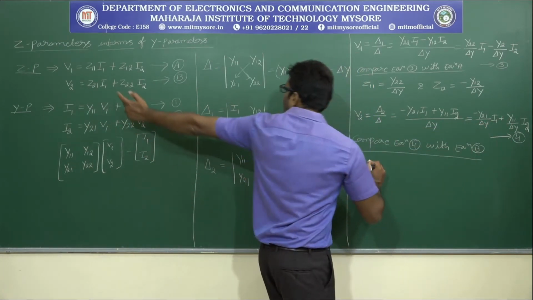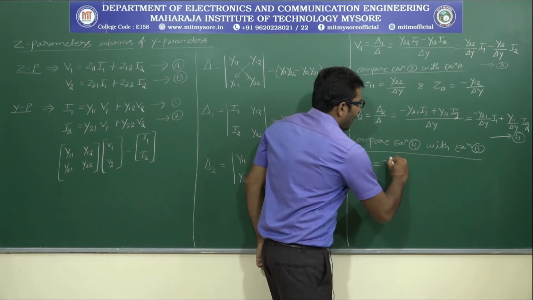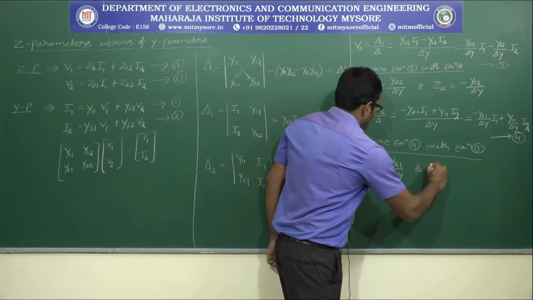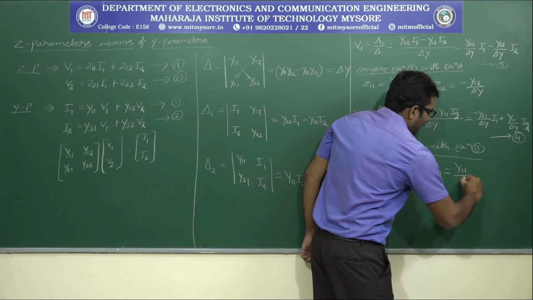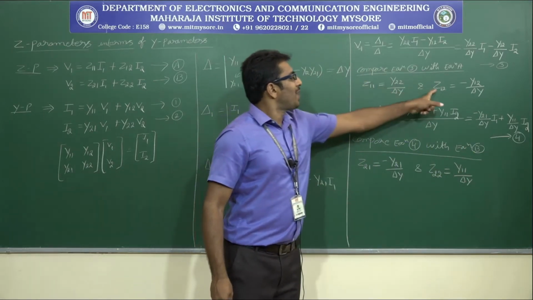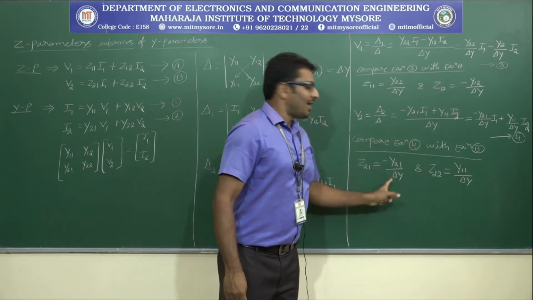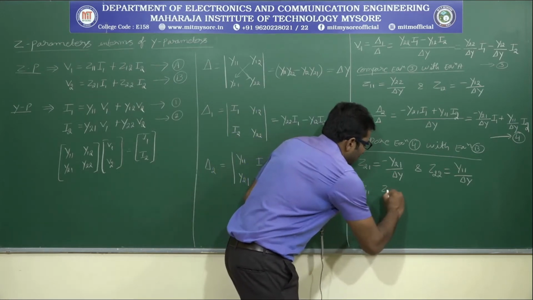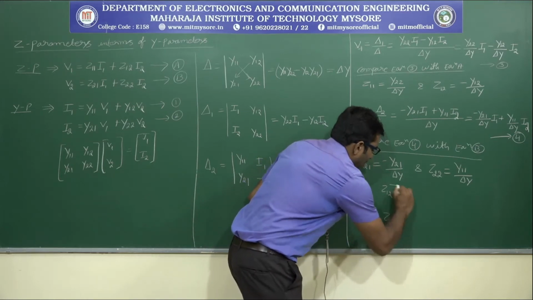So, what is the first one? Z21 is equal to minus Y21 by delta Y, and Z22 is equal to Y11 by delta Y. So again, all the 4 Z parameters are expressed in terms of Y parameters. For simplicity, we can write Z11, Z12, Z21, Z22 in matrix form.